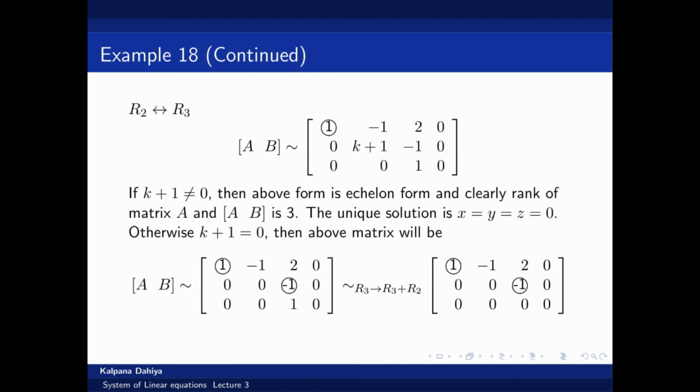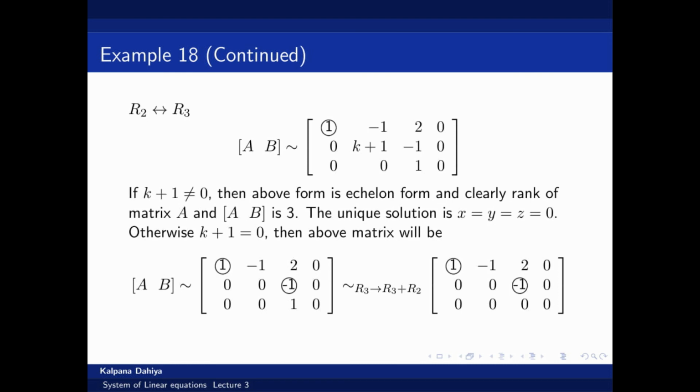See the second matrix here, 1 minus 1 2 0, 0 0 minus 1 0, 0 0 1 0. Now in the second matrix here, the third entry in the second row, that is minus 1, this is the pivot element. Now the matrix is not in echelon form, so we apply the following elementary row operation.